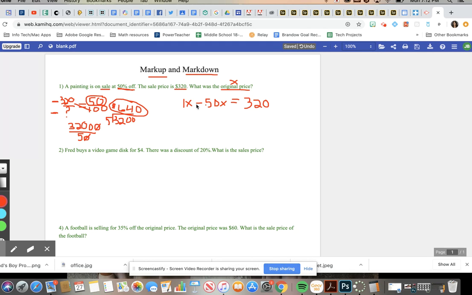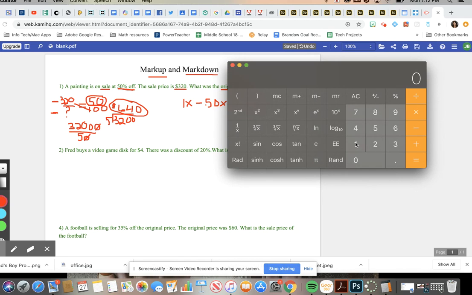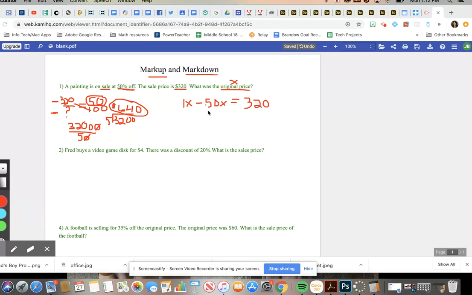So if I said 1 minus 0.5, or 1.0 minus 0.50 is 0.5. We'd have 0.5. I could put the 0, but I don't need it. X equals 320. Okay, and now I have 0.5 times x equals 320.